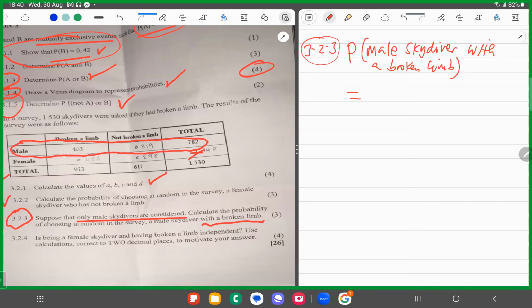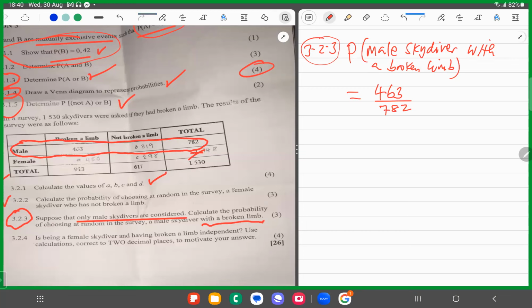Right. So, which means the probability of a skydiver looking at only males and who has a broken limb. So that's going to be 463 divided by 782.